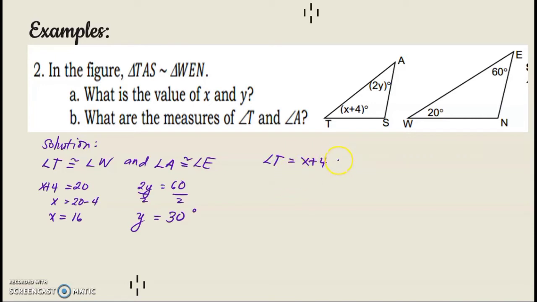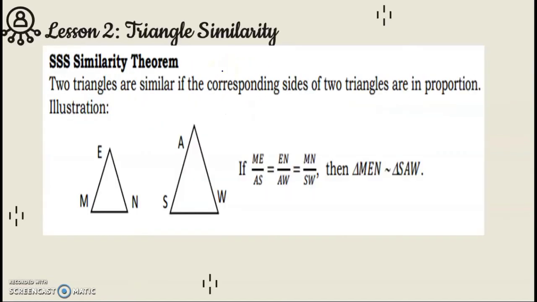Since ang x natin is 16, so 16 plus 4, therefore, angle P is 20 degrees. Same lang sila. Then, si angle A is 2y, so 2 times 30 is equal to 60 degrees. So, yun yun.